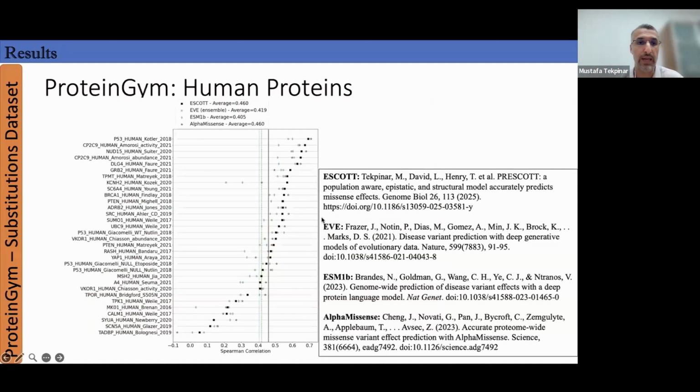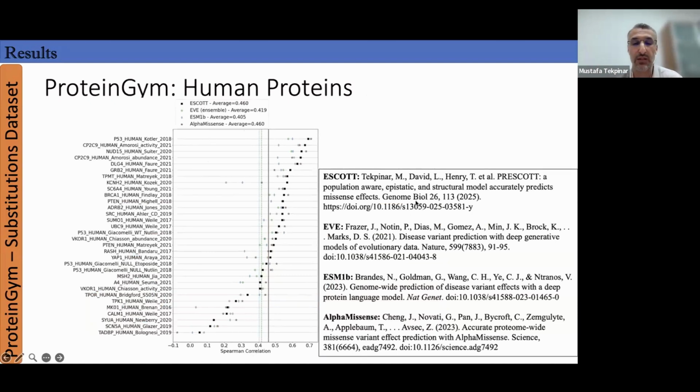So, okay, now let's start the results. Here in the results, at least in this slide, on y-axis, we have 32 experiments from human proteins. It contains single point mutations and multiple point mutations. And on x-axis, we have Spearman correlation. And we have 4 methods.